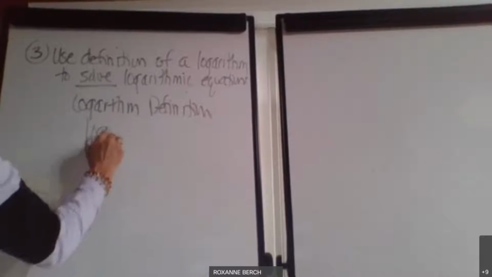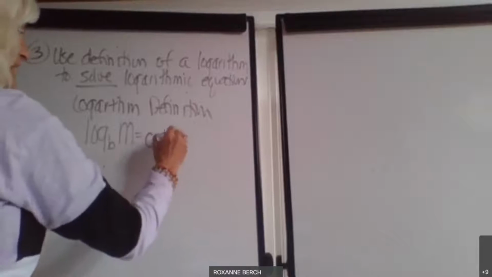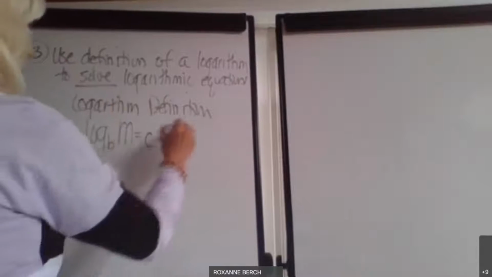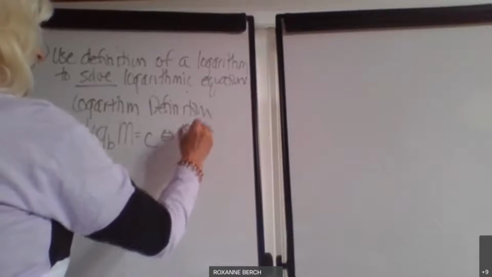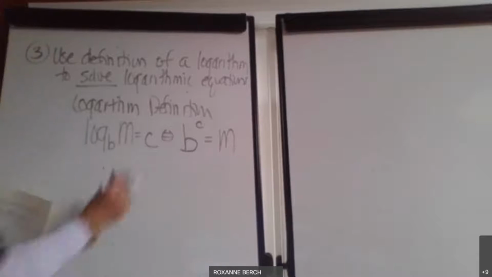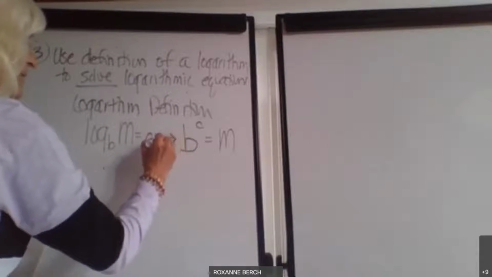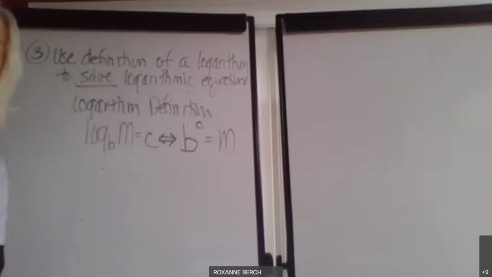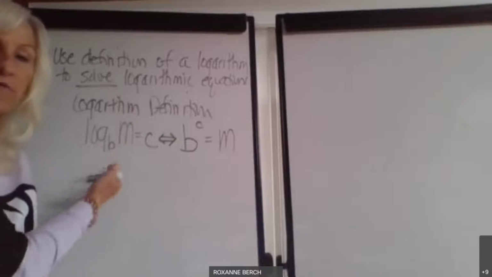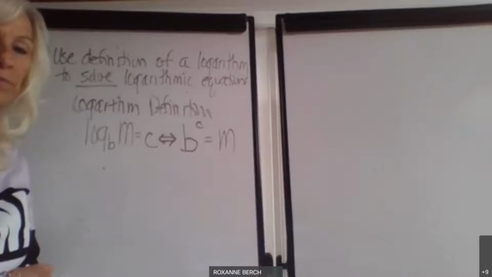Log base b of m equals c. The letters were different, it doesn't matter. So exponential form would be b to the c equals m. So remember back a few lessons where I asked you to take logarithmic form and write it in exponential form and write exponential form in logarithmic form? That's what we're doing.